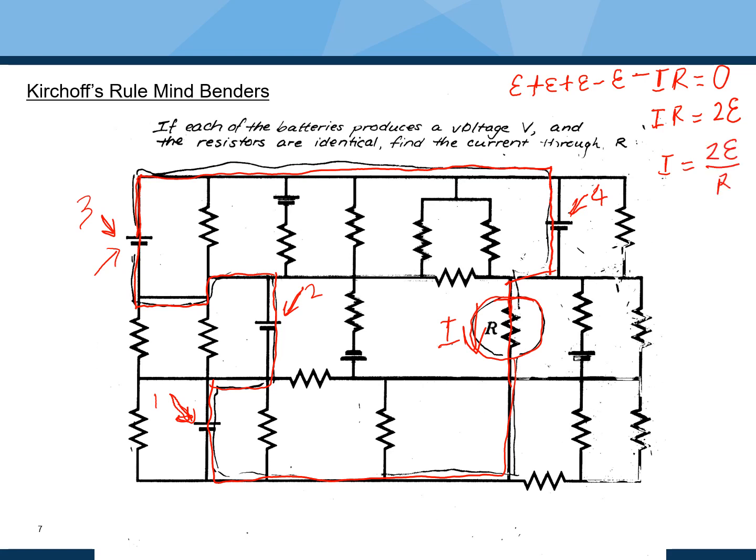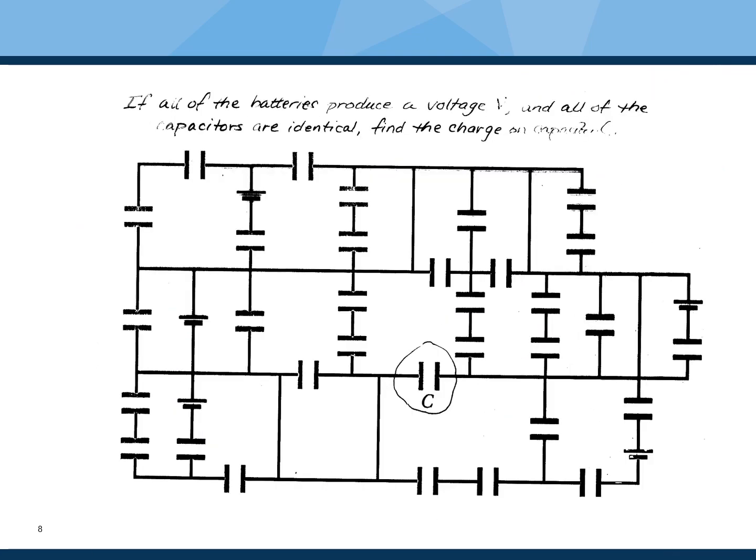In such a mind bender, you essentially want to back off a little bit and find the little clever trick in the circuit, rather than going ahead and trying to solve the circuit in a complete and perfect way. Now let's look at the next problem, which asks us to find the charge on the capacitor shown out here.